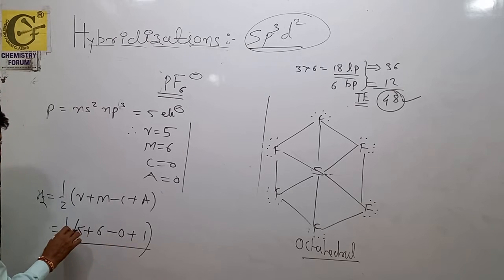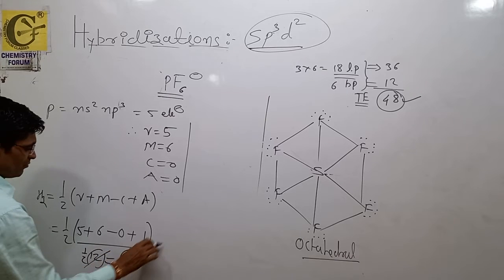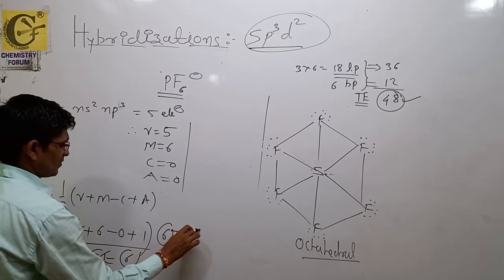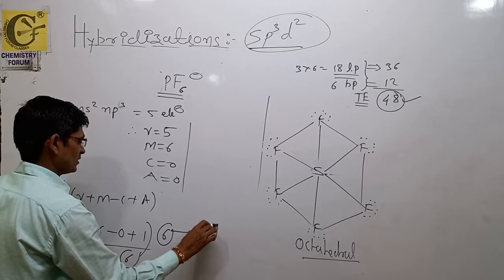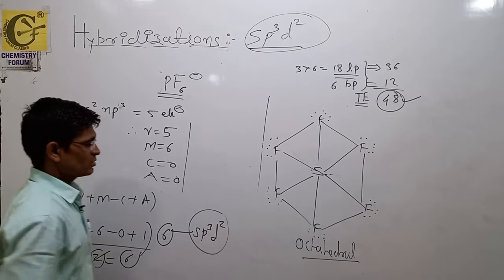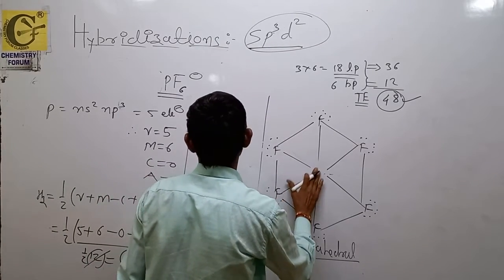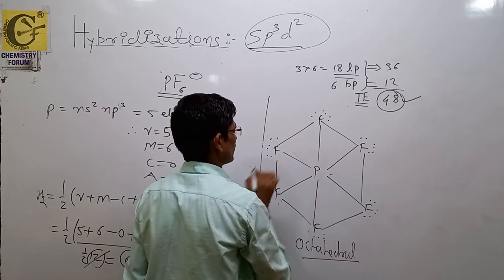So total 5 plus 6 plus 1 is equal to 12, half of that is 6. We got 6 as the answer. That's why the hybridization is sp3d2. So instead of the sulfur atom, this one is phosphorus.